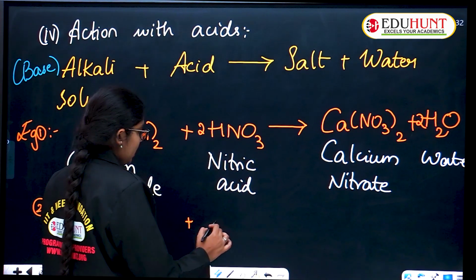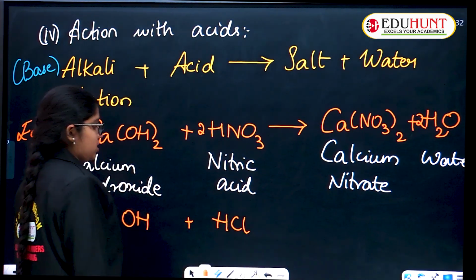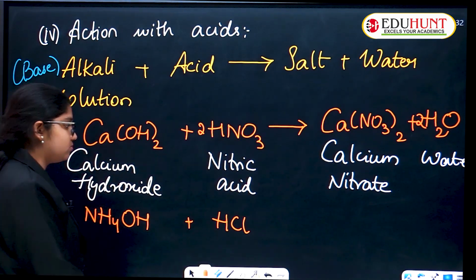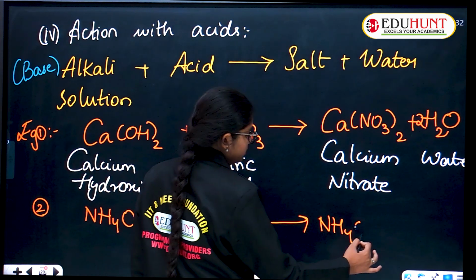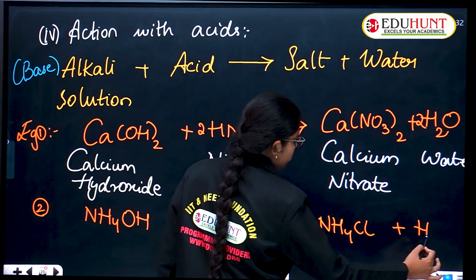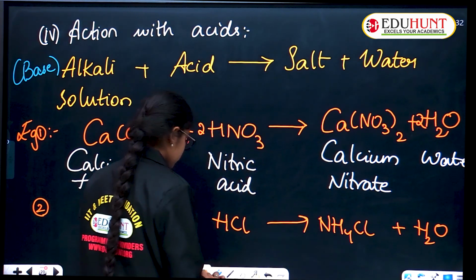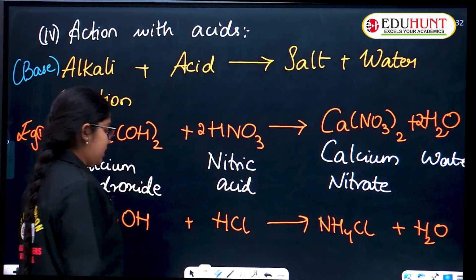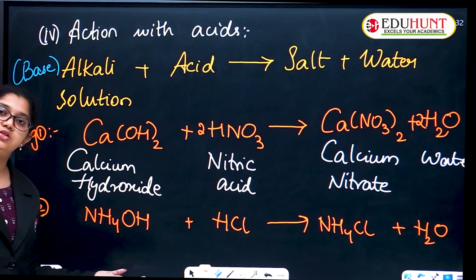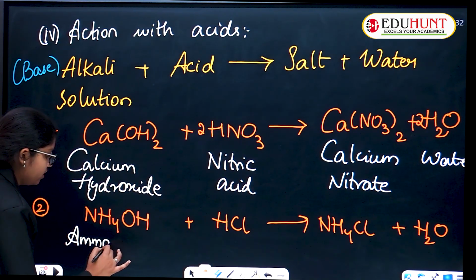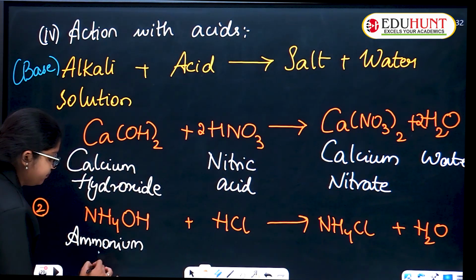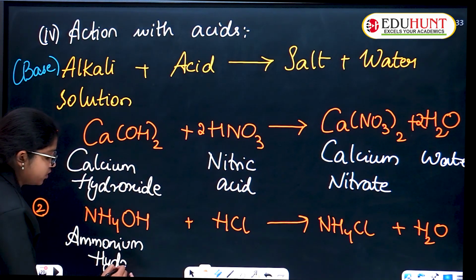To this, if you add acids such as HCl, you get a salt, which is NH4Cl and water. Okay. So whenever you take NH4OH, what is NH4OH? It is ammonium hydroxide.